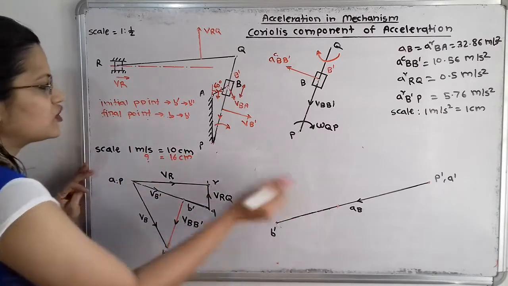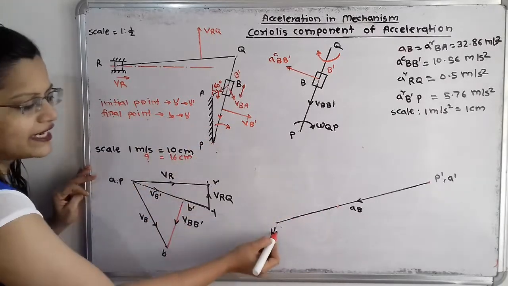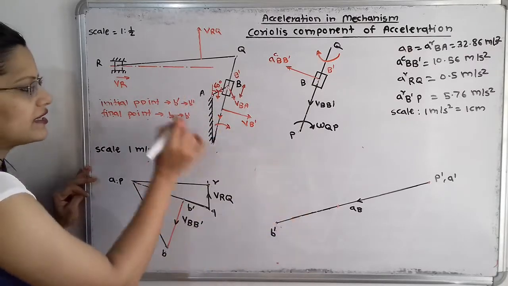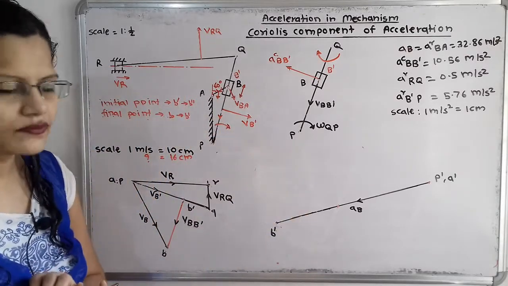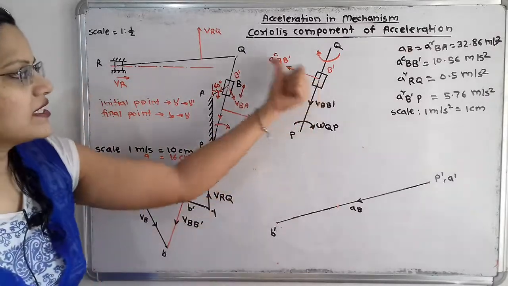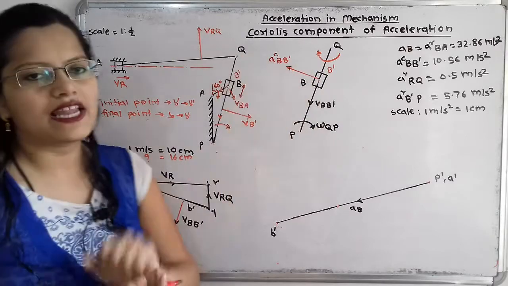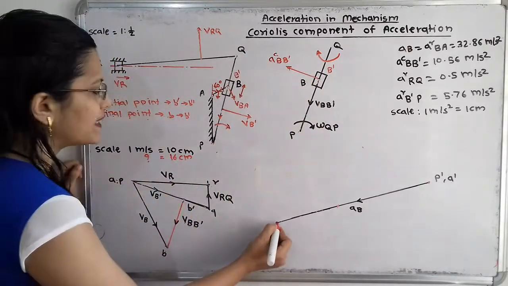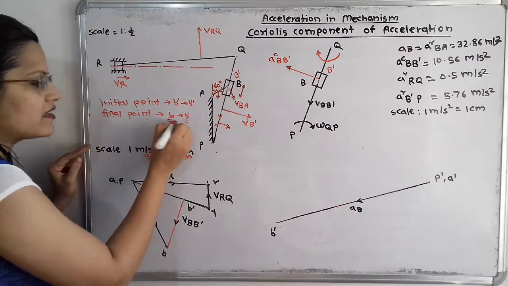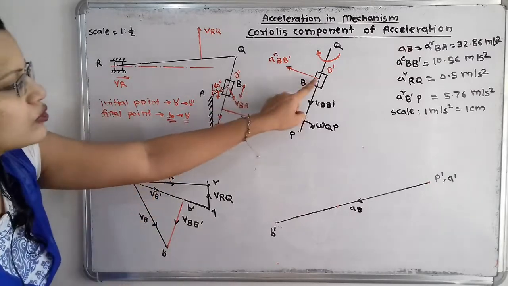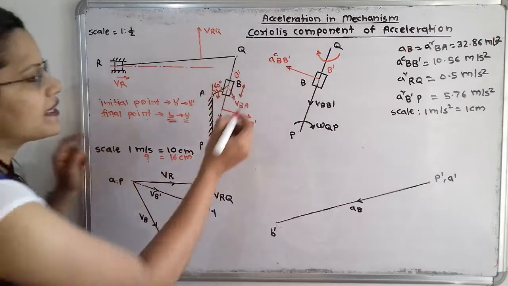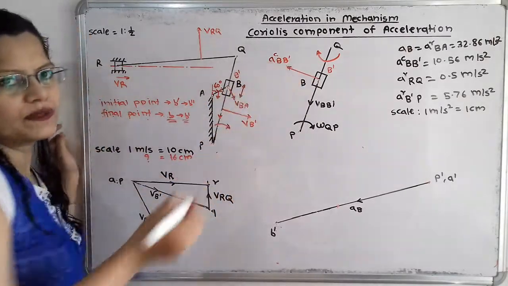So in the acceleration diagram, this B is located as B dash, and this B dash we will locate as B double dash. Now we have to draw this line. The direction is the same, shown towards the left hand side. But here, this B dash is nothing but B, and this is the final point. So we have to draw the arrow in such a way that the final point is indicated towards the end of this arrow.